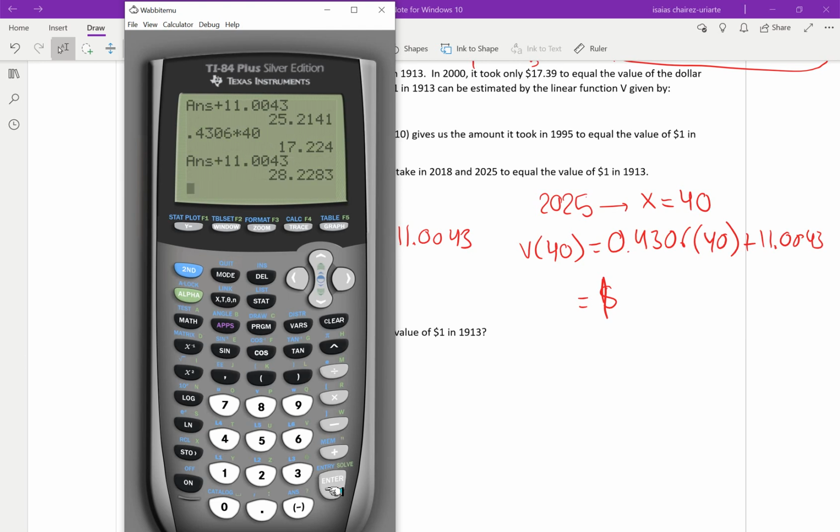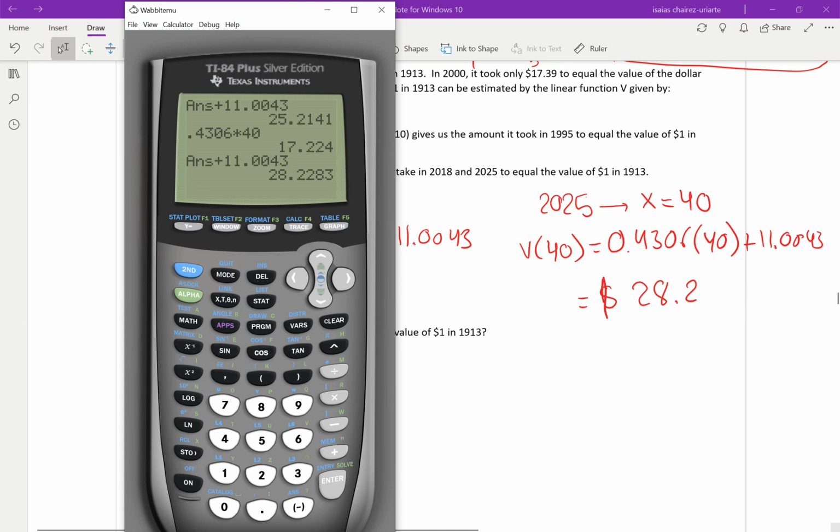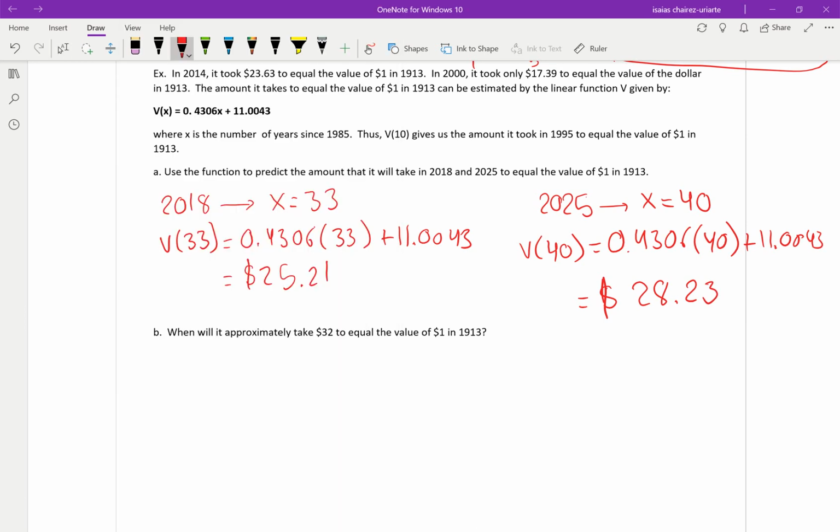And I get about $28 and about 23 cents. I'm gonna round to the nearest cent. $28 and 23 cents. So hopefully this is okay.